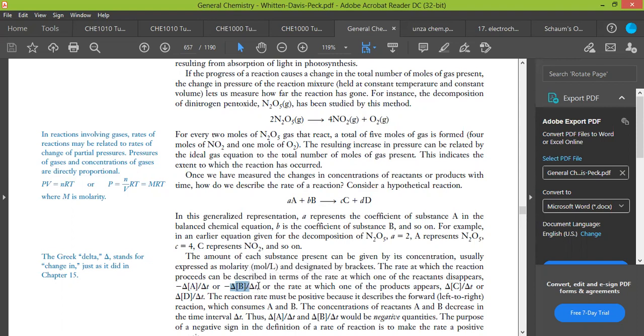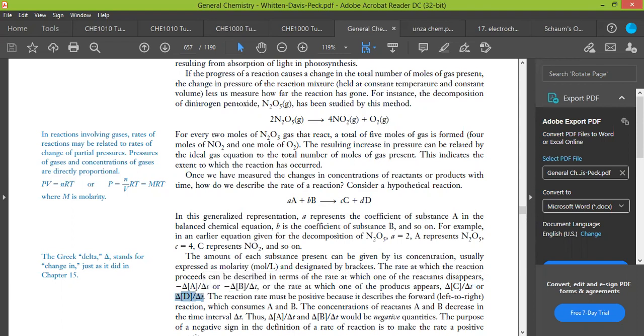Then again you say is equal to 1 over c, and then you write change in the concentration of C divided by time as it is here. And then you again put equal to 1 over d, and then you write this.